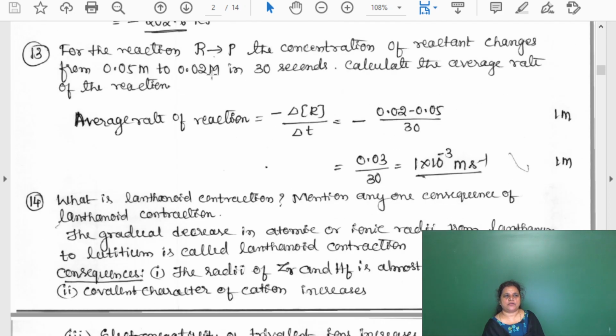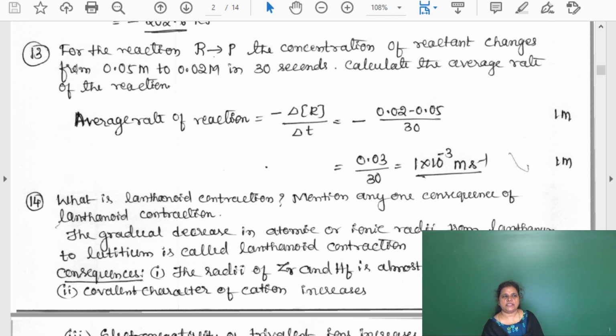For the reaction R gives P, reactant gives rise to product, the concentration of the reactant changes from 0.05 molar to 0.02 molar in 30 seconds. Calculate the average rate of the reaction. Average rate of the reaction is given by the decrease in the concentration of R by time, that is minus delta R by delta t. The negative sign indicates decrease in the concentration.